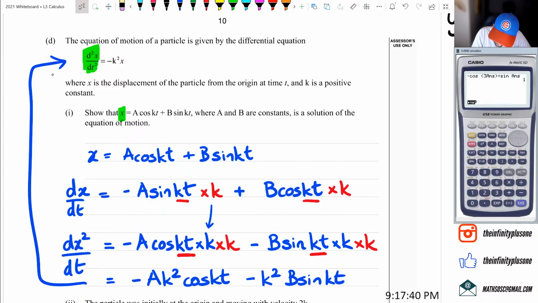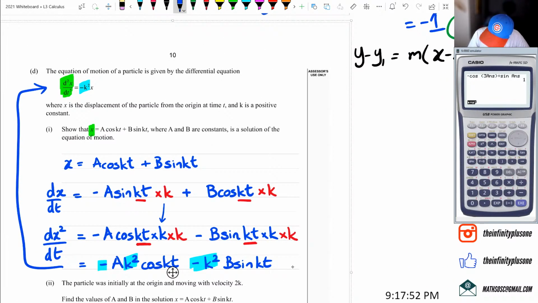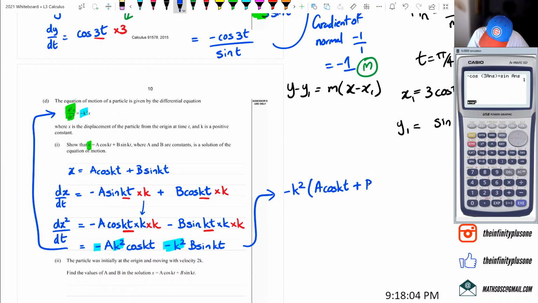Because if you think about it, there is a negative k squared right there. We've got a negative k squared here, and we've got a negative k squared here. So we can actually take out negative k squared as a common factor. And what you're going to end up with is negative k squared multiplied by a cos kt plus b sine kt.